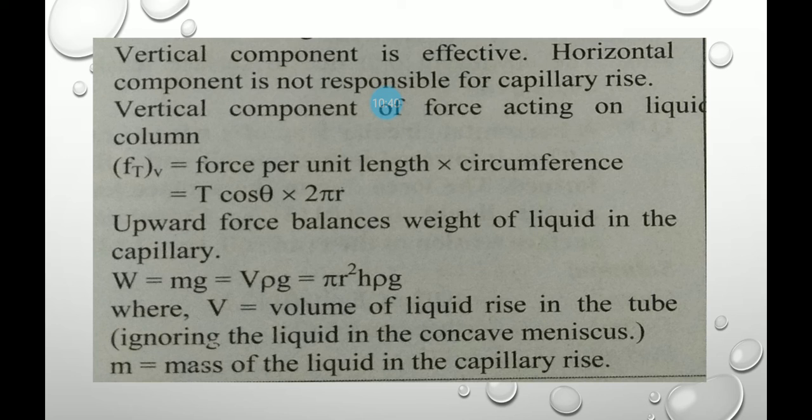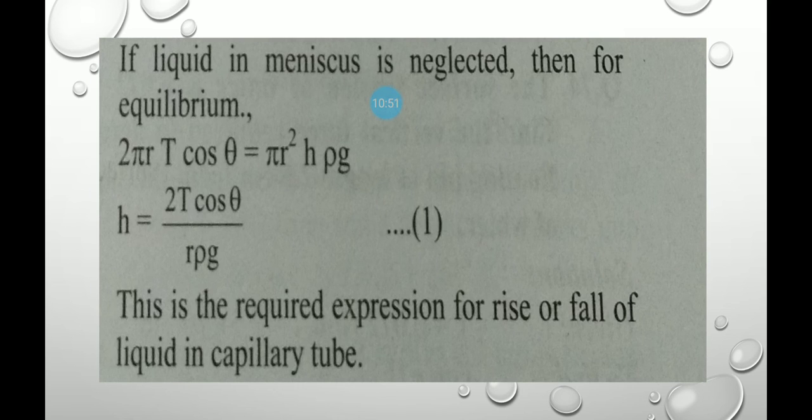V is the volume of liquid risen in the tube, right, and m is the mass of liquid in the capillary rise. This must be equal and opposite to the vertical component of the force due to surface tension.